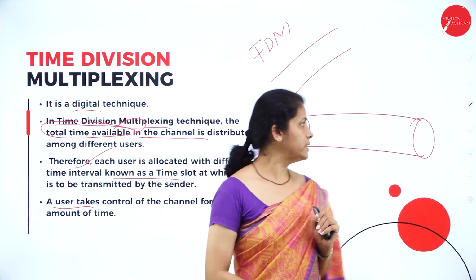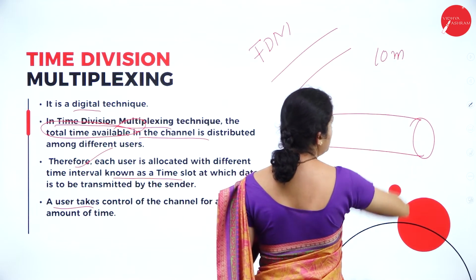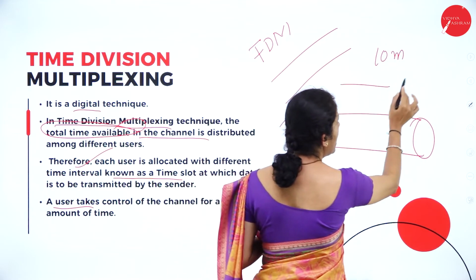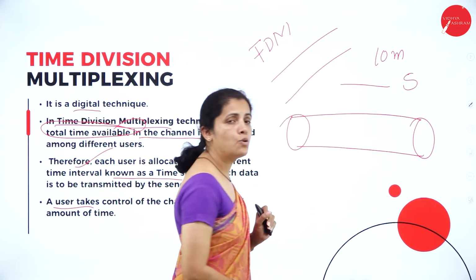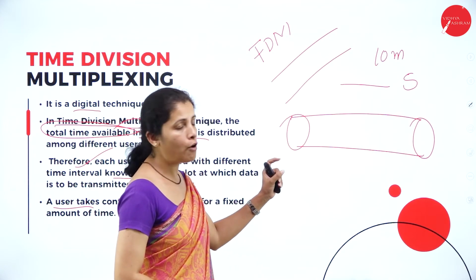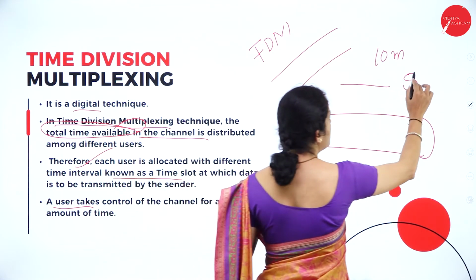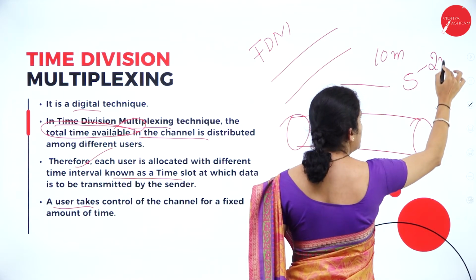For example, think that I have 10 minutes and I have 5 devices. So what I'm going to do, I'm going to give the time slot for each and every device. For each device, I'm going to give 2 minutes time.